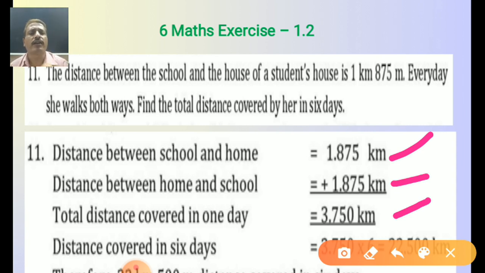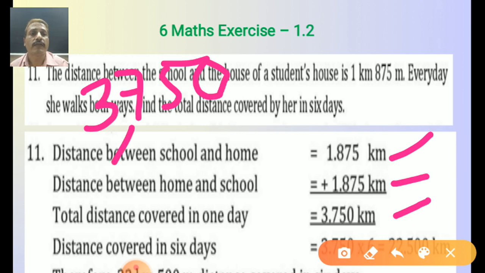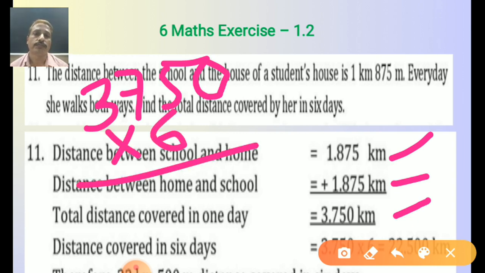Okay, let's start. You can do it in your rough note now, and let's check with my answer. 3750 multiplied by 6.